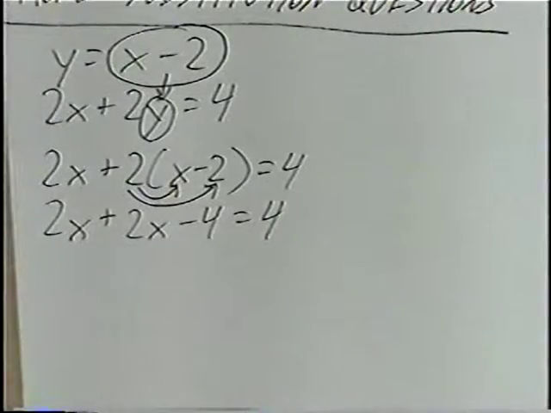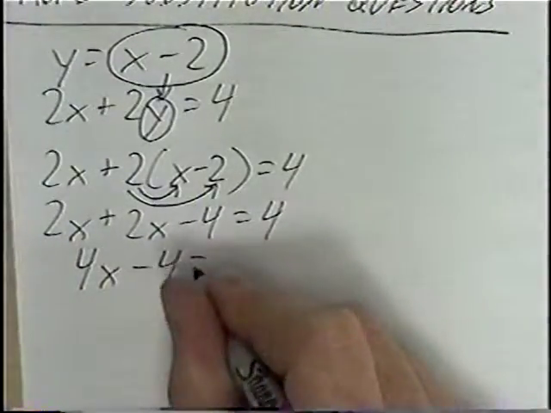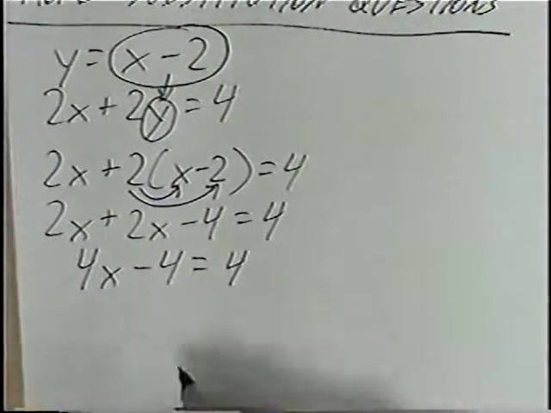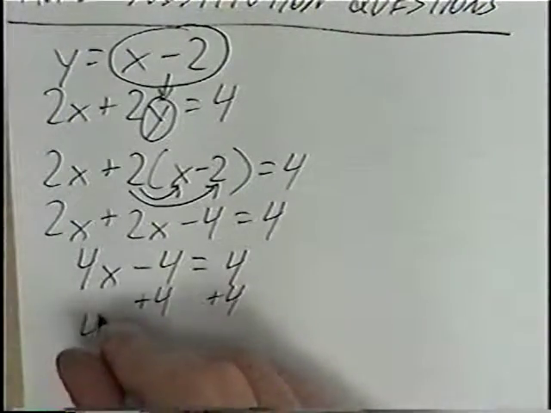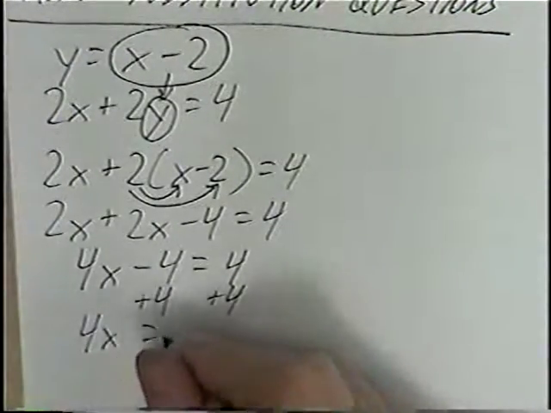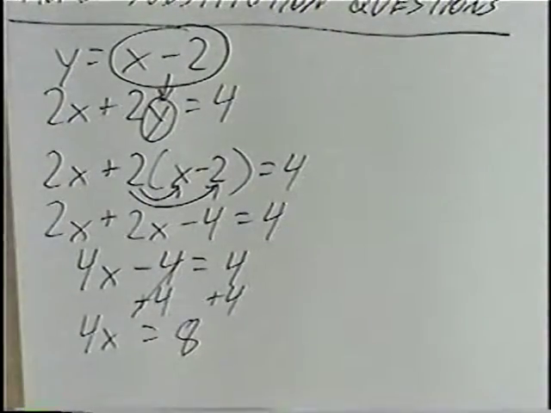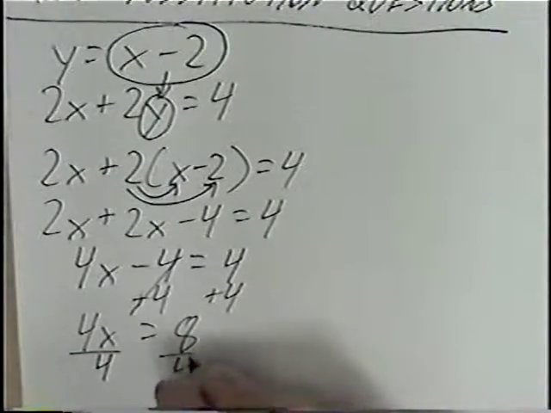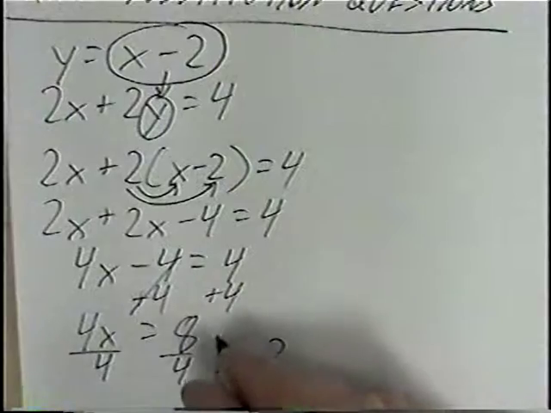Combining like terms, 2x plus 2x would be 4x, minus 4 equals 4. Solving for x, we can add 4 to both sides, and we'll have 4x equals 4 plus 4, which would be 8. And last step, to get our first answer, we can divide by 4. So our first answer, x equals 2.